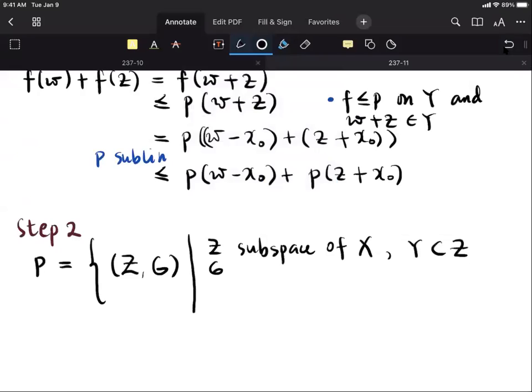And G is a map from Z to R that is linear, the restriction of G on Y is F, small f, and G is less than or equal to P on Z.